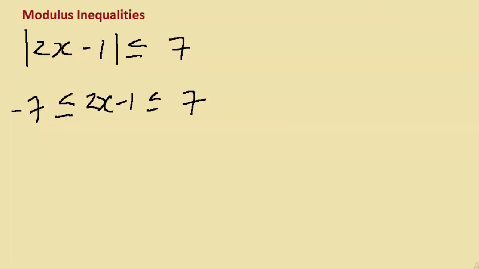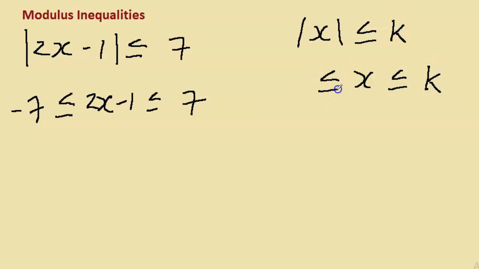We have a general rule that states that if the modulus of x is less than or equal to some constant k, then x lies between positive k and negative k, which makes perfect sense, as I showed you earlier. We apply the same principle here. 2x minus 1, all of this represents the x. It lies between positive 7, where 7 is the constant k, and negative 7. And we solve this.